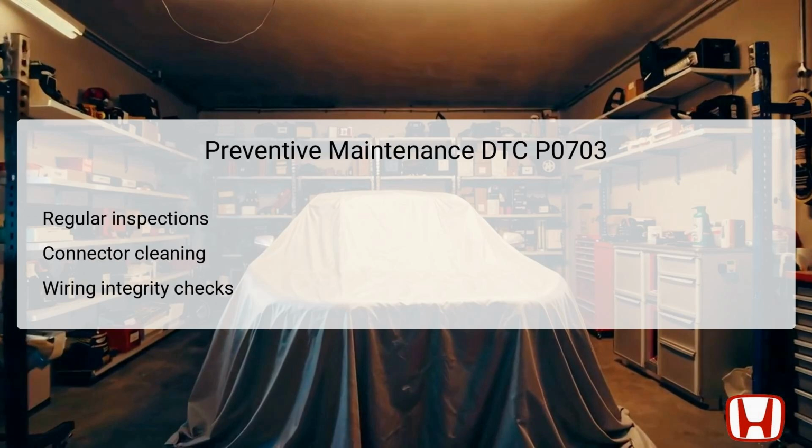To prevent the occurrence of DTC P0703 in the future, regular preventive maintenance should be adopted as best practice. Schedule regular inspections of the brake pedal position switch to ensure it remains in optimal working condition. Additionally, cleaning of connectors can help prevent corrosion, which often leads to electrical failures and malfunctions.